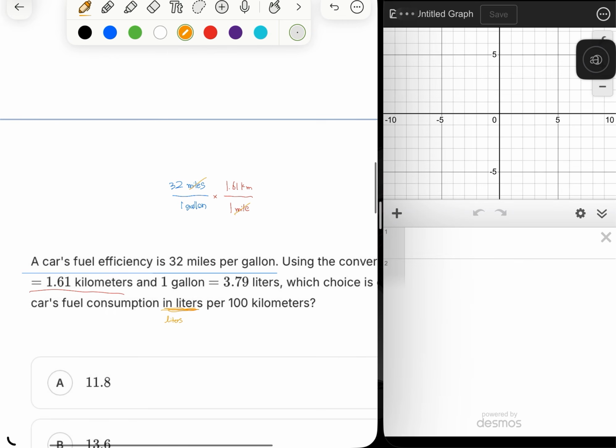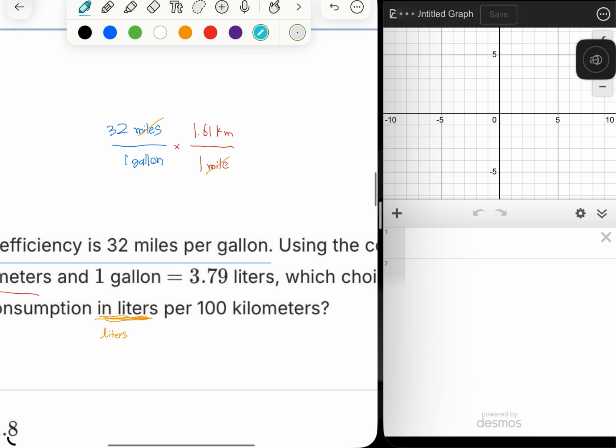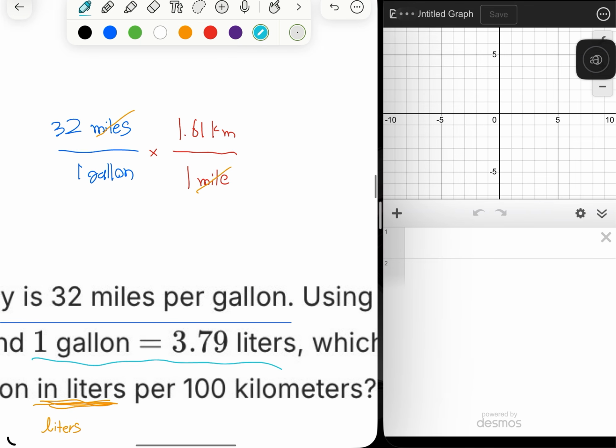Once again, follow the flow, keep on following that chain. Next up, we have that 1 gallon equals 3.79 liters. So let's multiply by the fact that 1 gallon is equal to 3.79 liters. And of course, the gallons cancel out. Your goal always is to write the conversion in such a way that the units will cancel out.